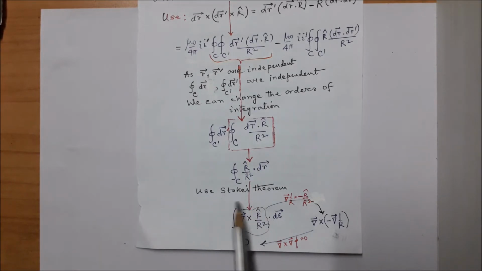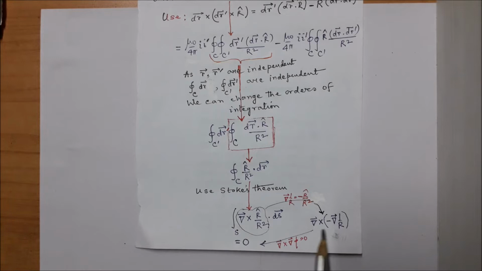Now apply Stokes theorem that converts line integral to a surface integral, bringing curl of r cap by r square as integrand. Now r cap by r square can be expressed as negative of grad of 1 by r, and so we have curl of grad coming in.